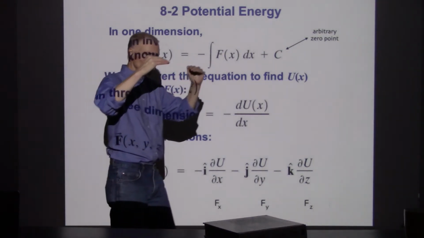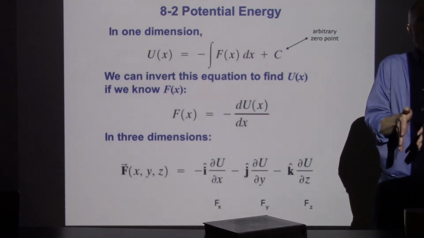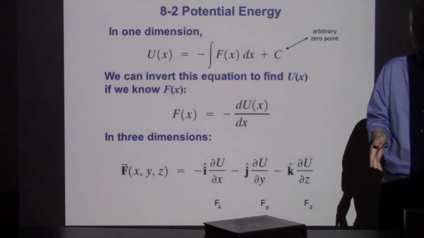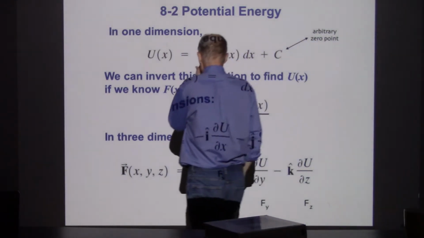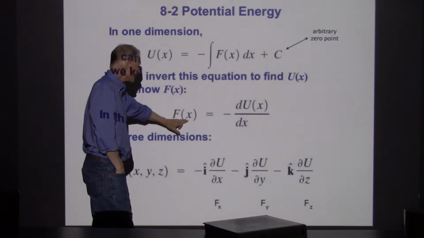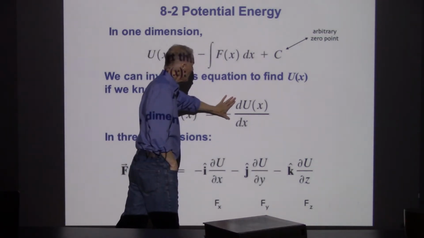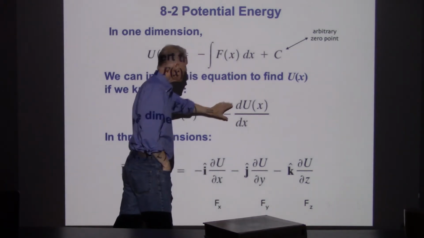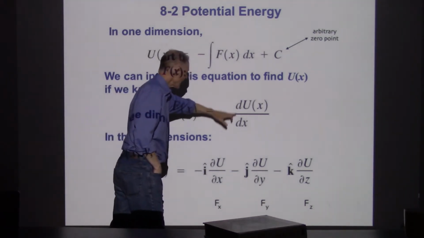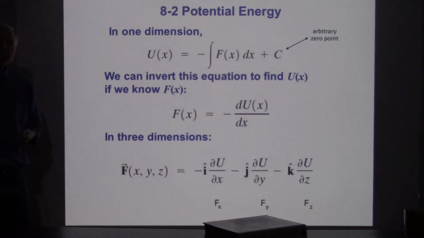For gravity, we saw that as a height. For the spring, we saw that as an amount that the spring is compressed. So the force, as a function of x then, can be calculated by looking at how the potential energy is varying as a function of position, specifically taking the derivative, and then putting a minus sign out front.